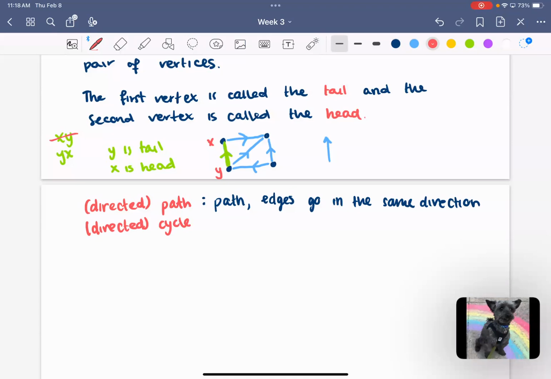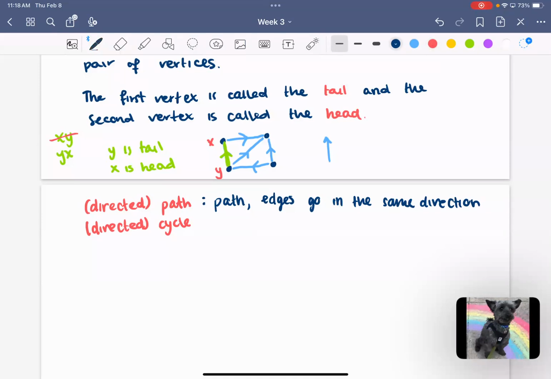We'll also have that mean that the edges all go in the same direction. Okay, and then some other words.